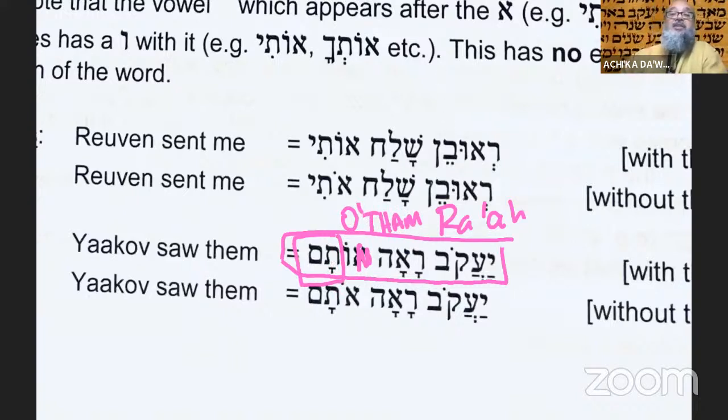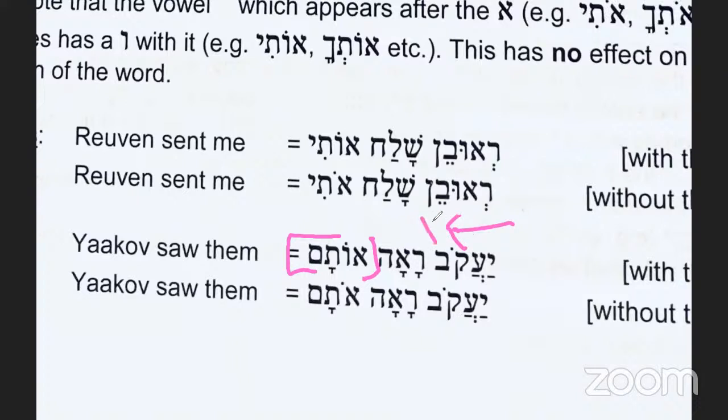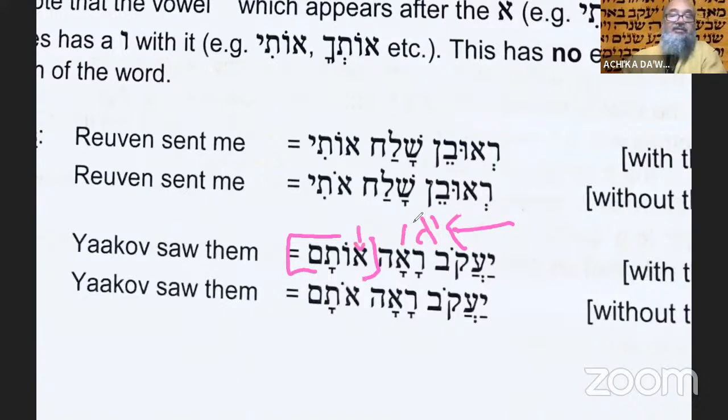Okay. Question for you guys. Out of this word right here, what two letters are the direct object marker, which is the arrow? It's the aleph and the tav.